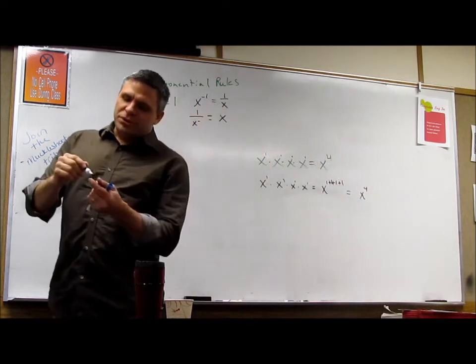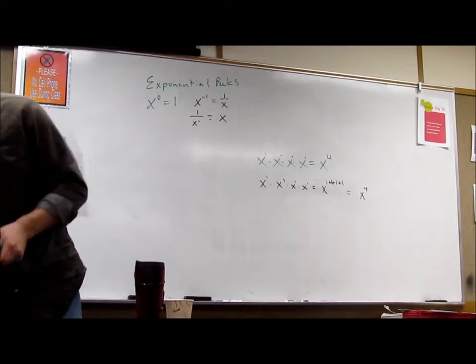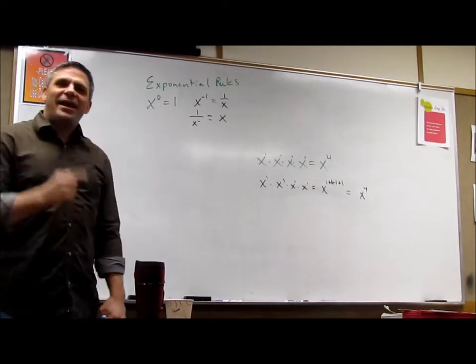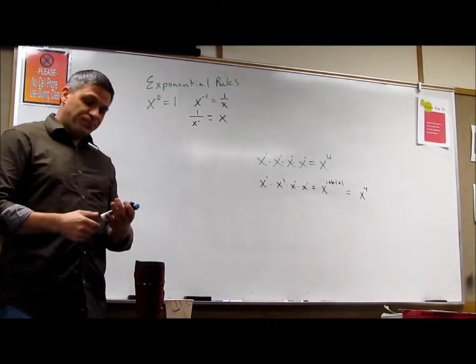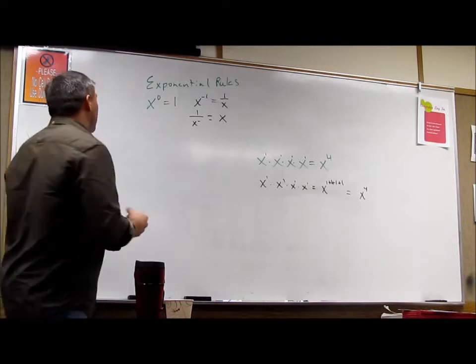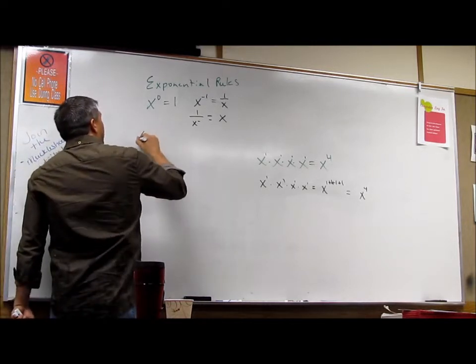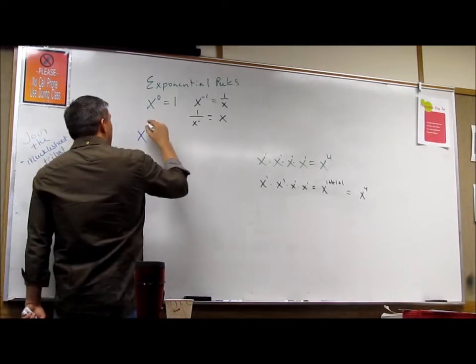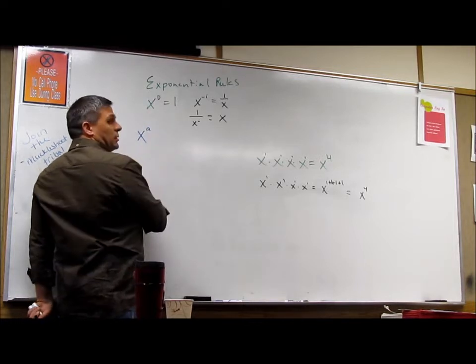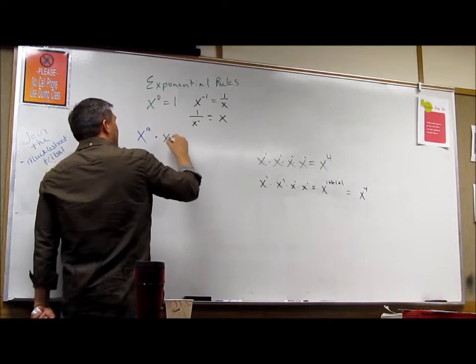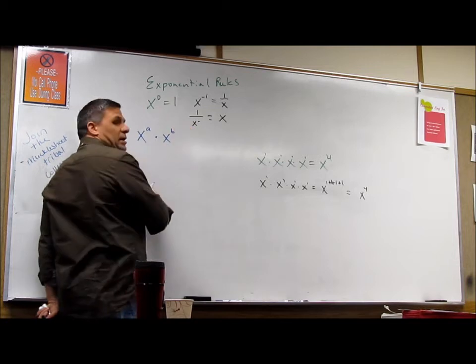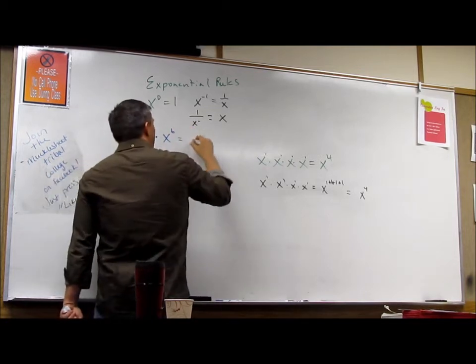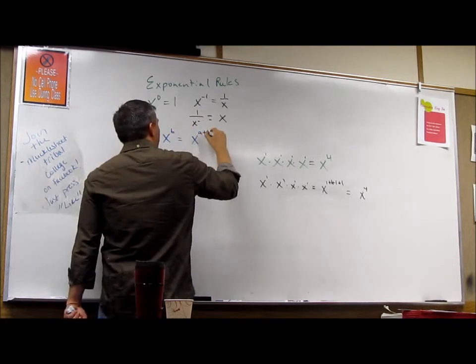And so what we were doing without knowing it is we were adding the exponents. And we have a rule for that. X to the a times x to the b equals x to the a plus b.